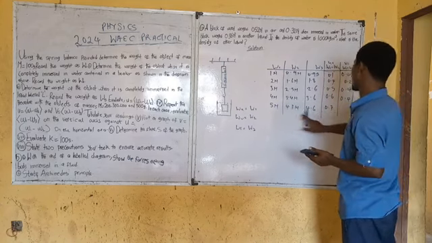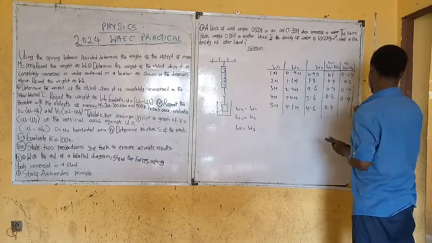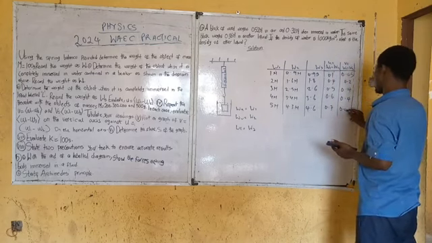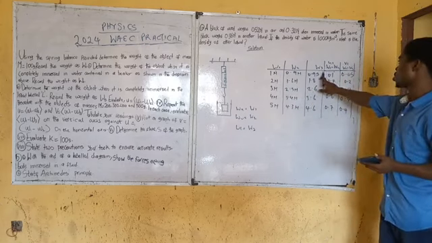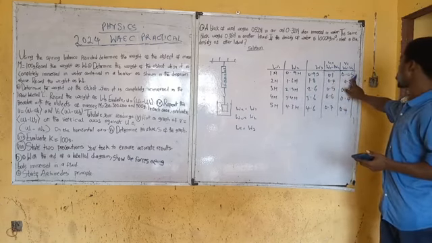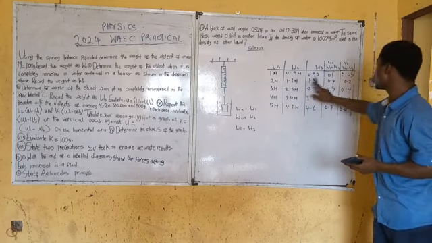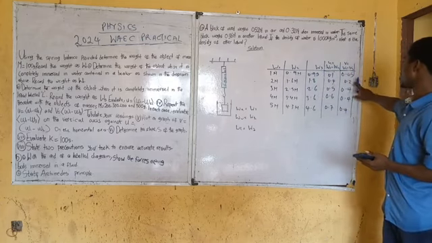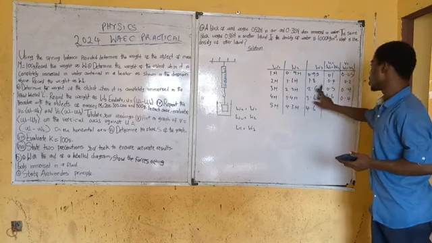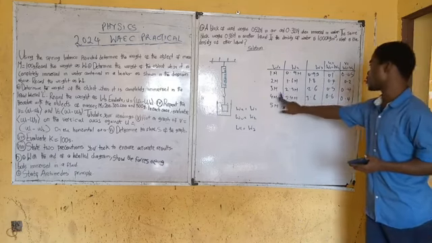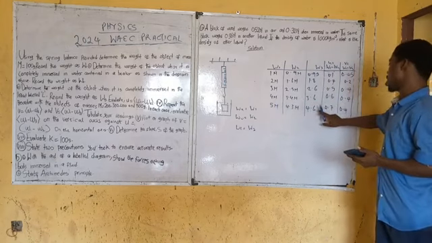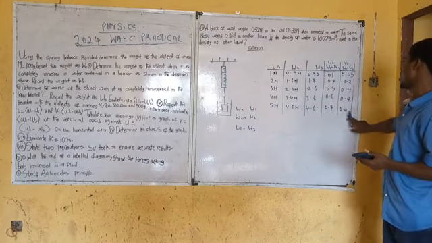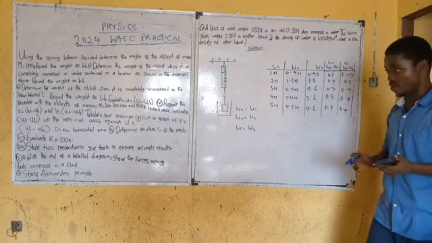Then 5 minus 4.6, that's also going to give me 0.4. So let's cross check. W1 minus W3 will give me 0.05. 2 minus 1.8 will give me 0.2. 3 minus 2.6 will give me 0.4. 4 minus 3.6 will give me 0.4. And 5 minus 4.6 is going to give me 0.4. So these are our values.